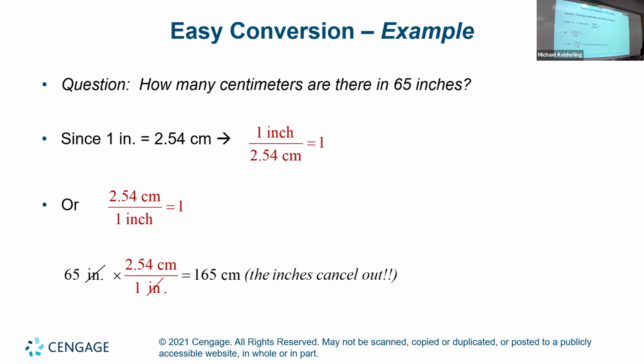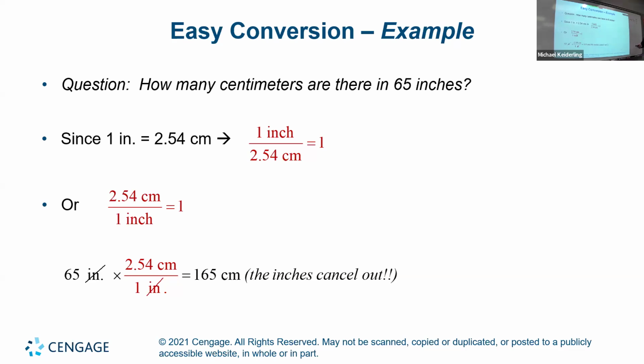So if you want to know how many centimeters there are in 65 inches, well, 1 inch is 2.54 centimeters. So 1 inch divided by 2.54 centimeters equals 1, or 2.54 centimeters divided by 1 inch equals 1. And if you multiply something by 1, it doesn't change. And that means we can always multiply by 1 and not change how much we're dealing with.